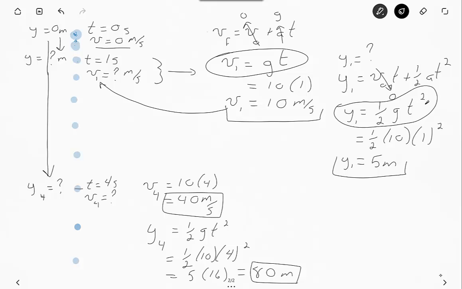What happens, though, if we have a situation where the initial velocity is not 0? Let's take a look at that. So now let's say that the initial velocity is not equal to 0, meaning that it's been thrown.